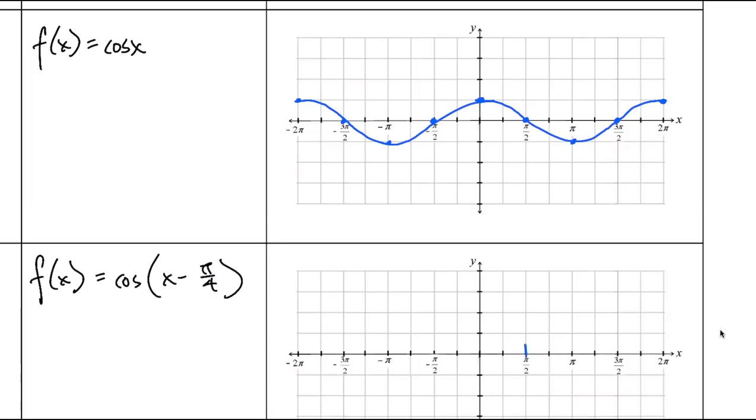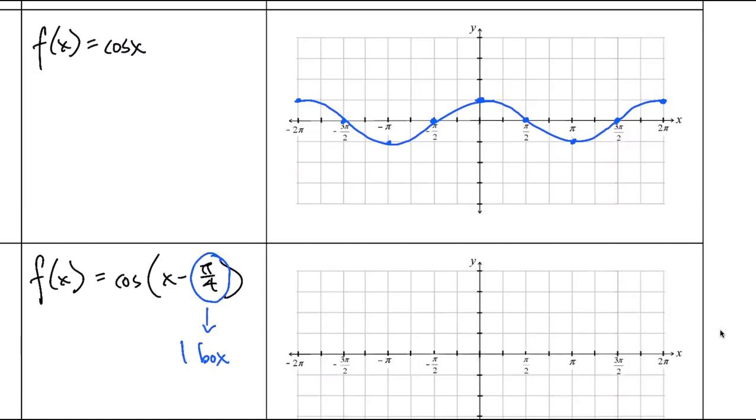Let's see, if I go 2 boxes, that's pi over 2. So it's not 2 boxes. Pi over 4. Well, that's half of pi over 2, right? So pi over 4 on our graph paper is equivalent to 1 box. Okay?